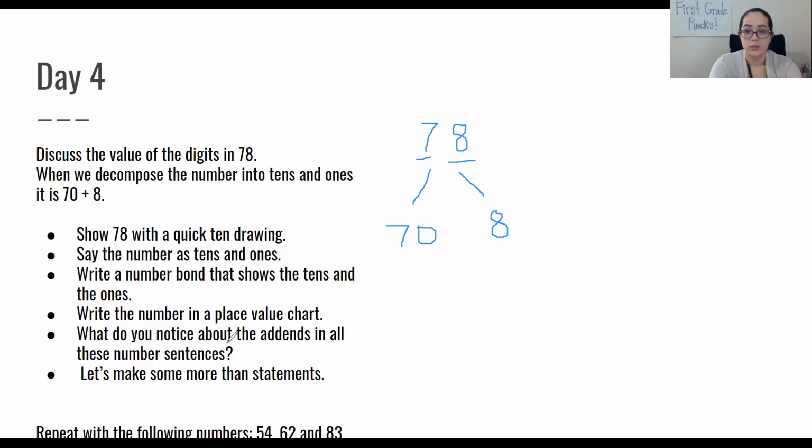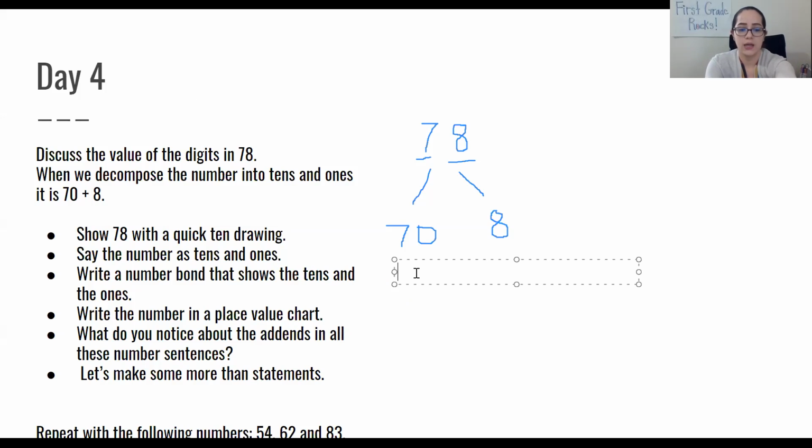Ask students what do you notice about the addends in all these number sentences, and then you'll make some more than statements to go along with that. And I'm just going to go ahead and do this last one since we've already done some of these top ones. So making more than statements just means I can write, actually, let me go ahead and just do the text form of that so it's easier.